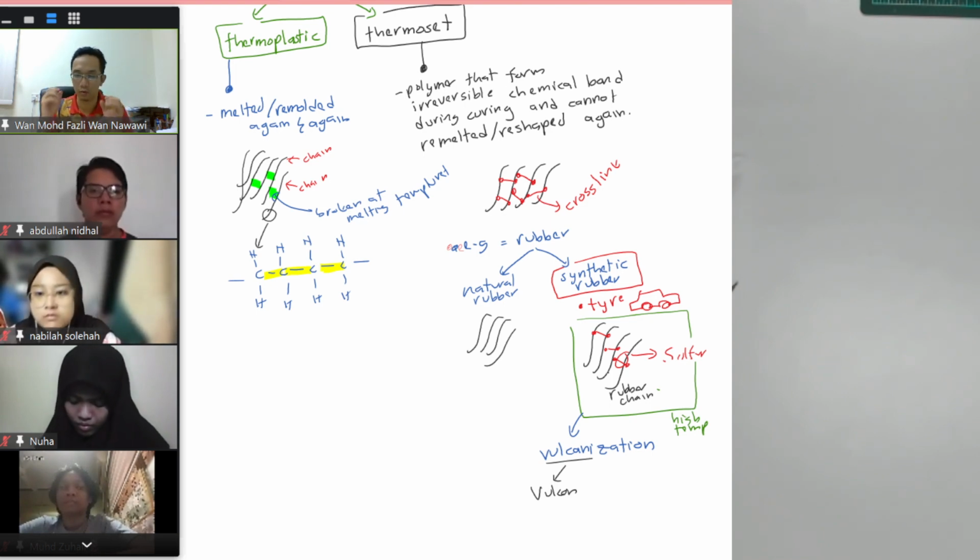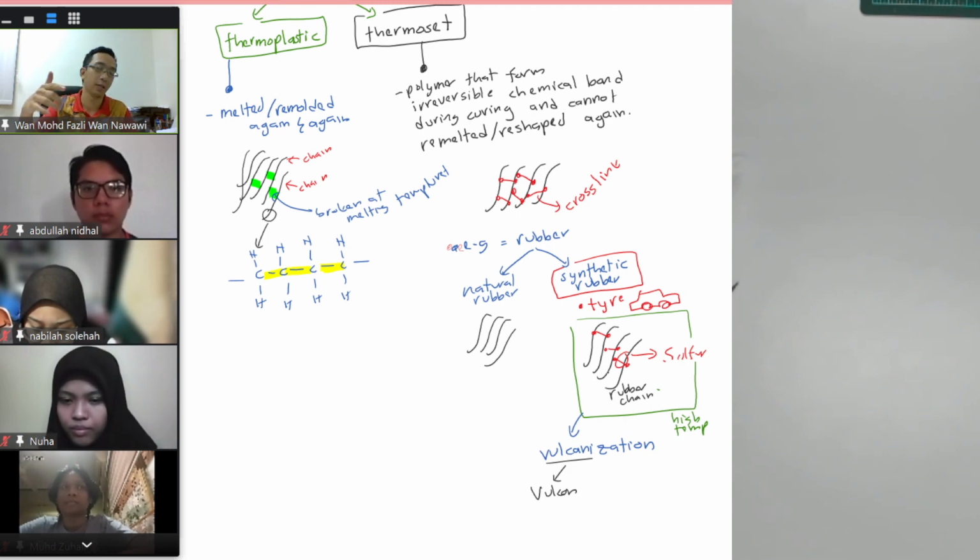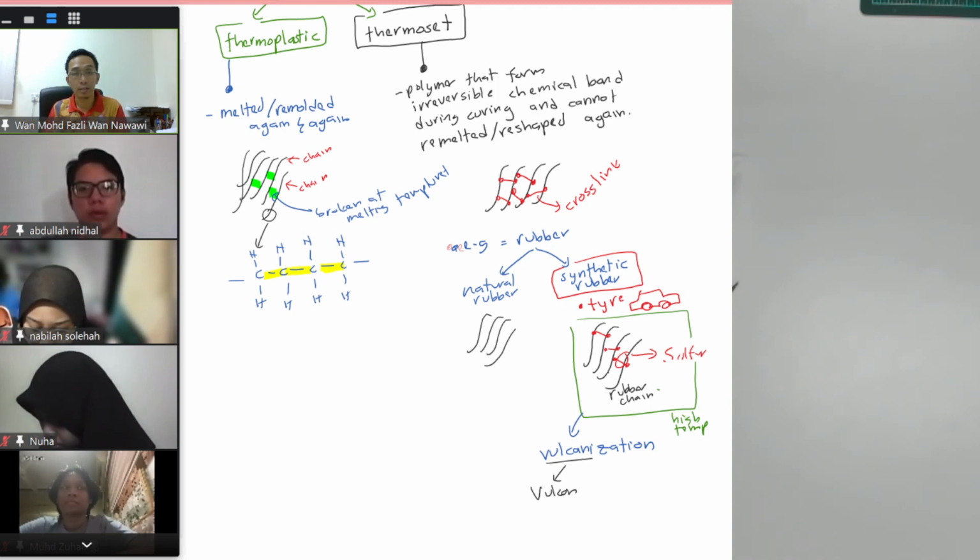It has this durable configuration due to this 3D network. So it will improve the lifespan of your car tire. You use a car tire for 2 years, 3 years, 4 years, and the tire is still durable, still maintains its shape. So there are reasons why people vulcanize this natural rubber, so that you get this crosslink.